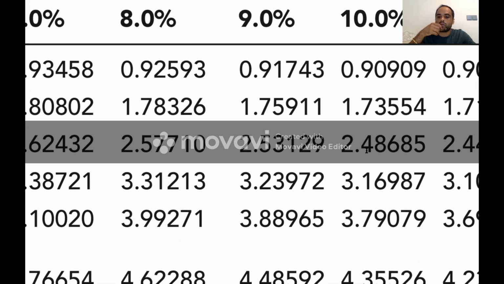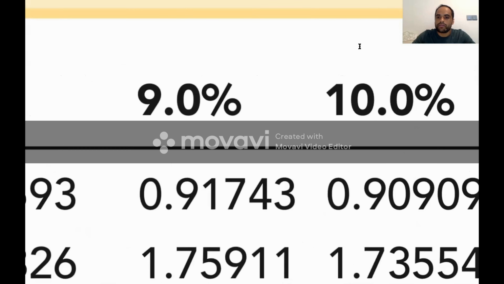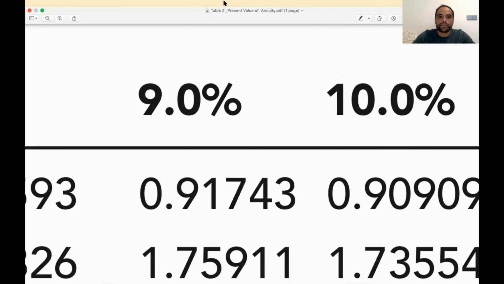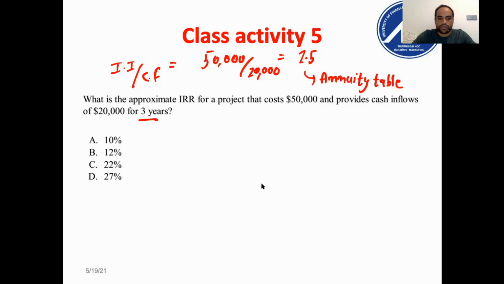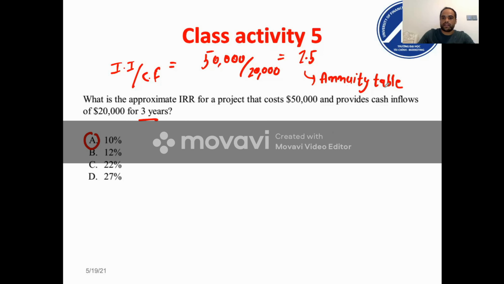I think that's the closest one. 2.48 is close to 2.5. So it means you go up and you find 10%. So let's go back to the question. The right answer is A.